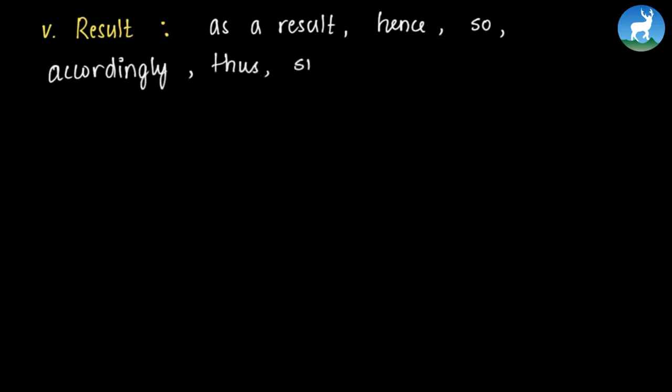Next we have to show any kind of result. We use result connectives. So these are a few result connectives: as a result, hence, so, accordingly, thus, since, etc. Now let's see an example.